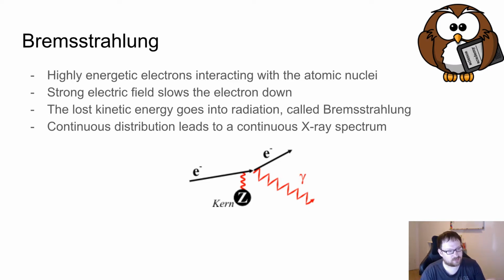So we have this interaction between the high-energy electron and the nucleus. It goes into kind of an orbit, like you would expect with planets that orbit the sun, right?